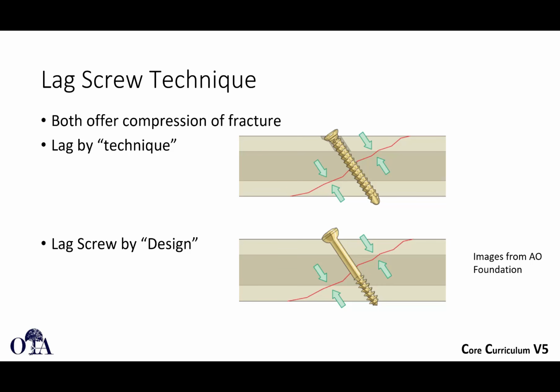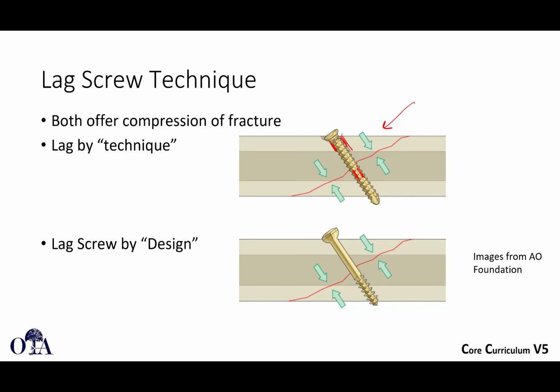What about lag screws? Whereas you can ask your surgical tech, can you please hand me the cannulated screw, you can't really say hand me the lag screw. A lag screw can be a lag screw by design. If you have a partially threaded screw, that can act as a lag screw. Or you can use, as shown over here, a cortex screw with appropriate drilling of a gliding hole. You can see the gliding hole matches the outer diameter of the threads, and then here you have a pilot hole that approximates the inner diameter.